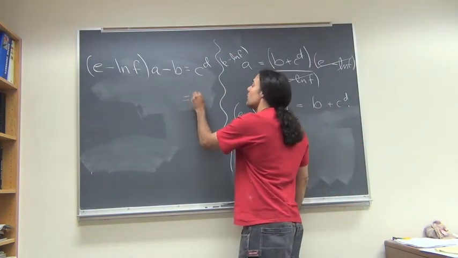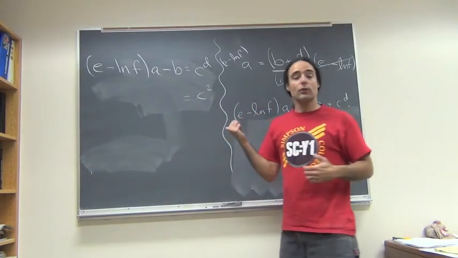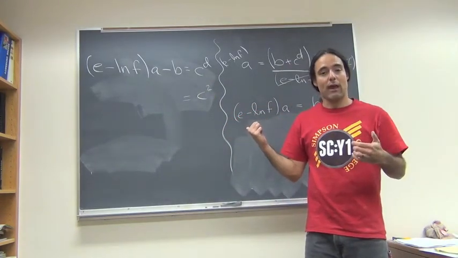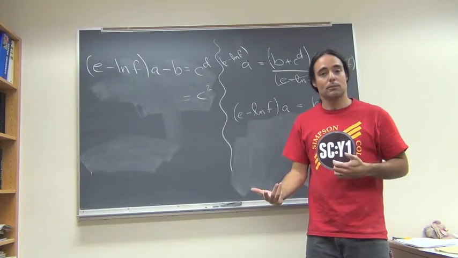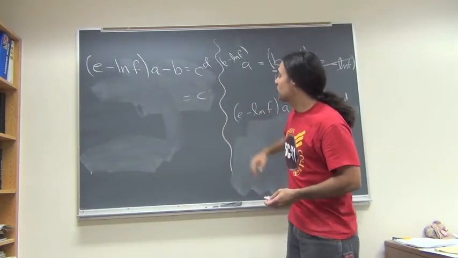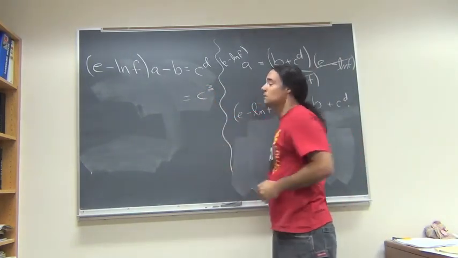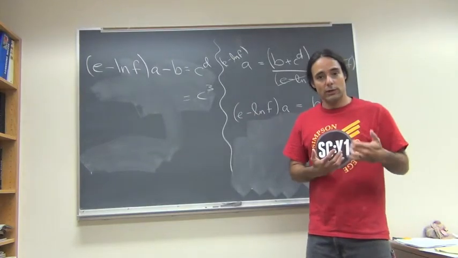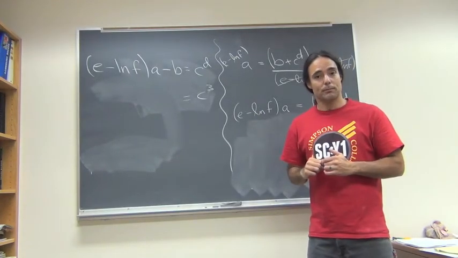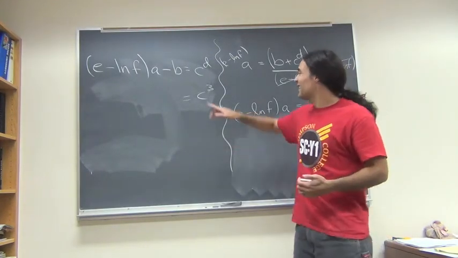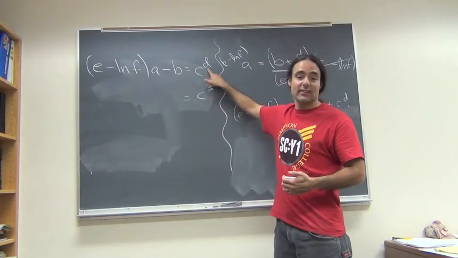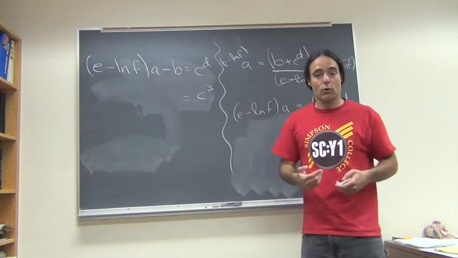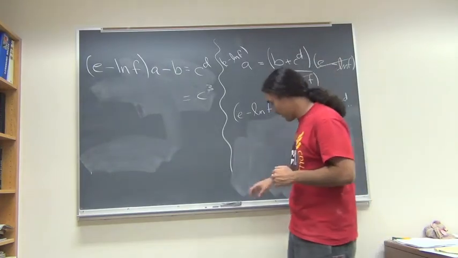So if it were C squared, most of you will be able to tell me right away what you have to do. You've got to take a square root. If D were 3, a lot of you would still be able to tell me what you have to do. You have to take a cube root. Really, all we're doing is, since this is a D, rather than a square root or a cube root, we're taking the dth root of both sides.